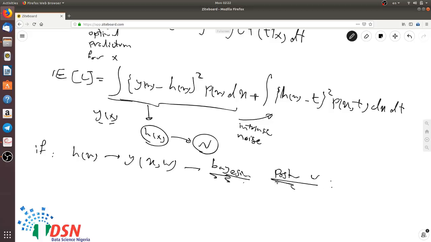While in the frequentist approach, we will end up with just a single estimate, or point estimate, for w based on the data set.